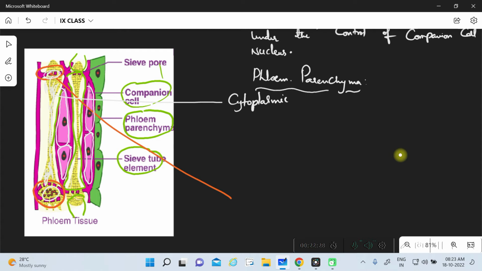As I mentioned, the phloem can also be called bast. You can see very clearly these green cells, located beside the companion cells with nucleus, are considered phloem parenchyma.